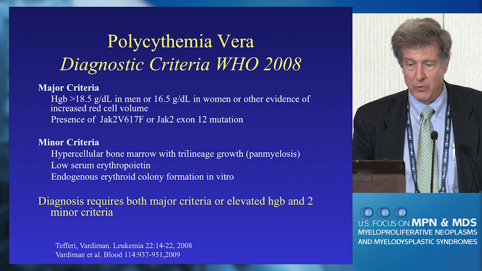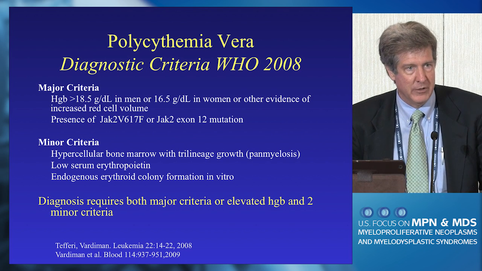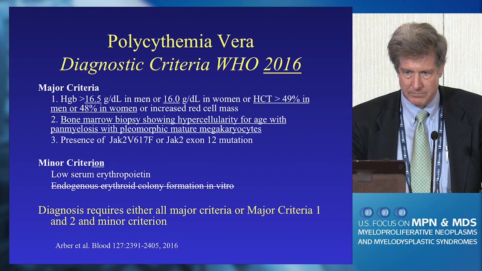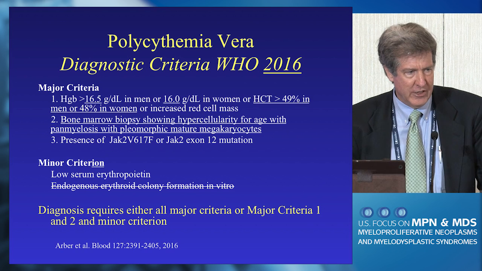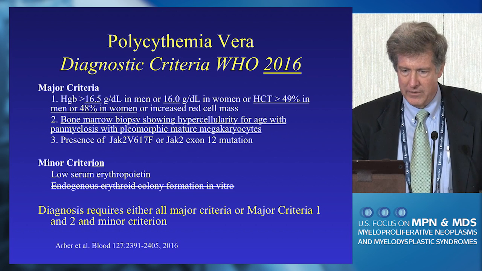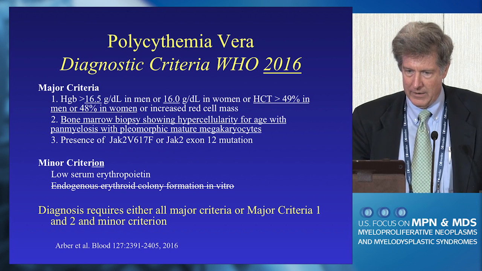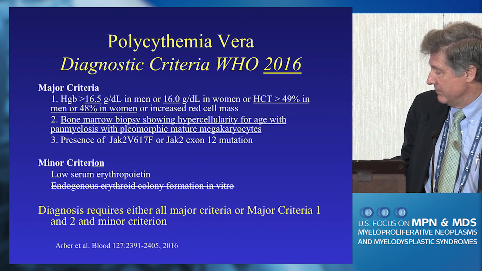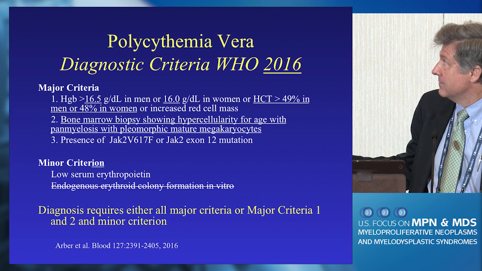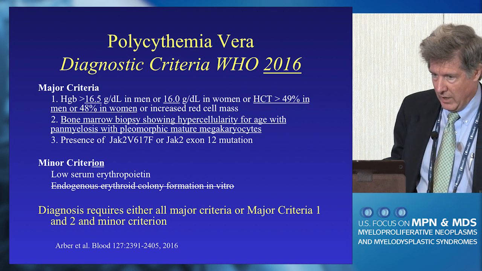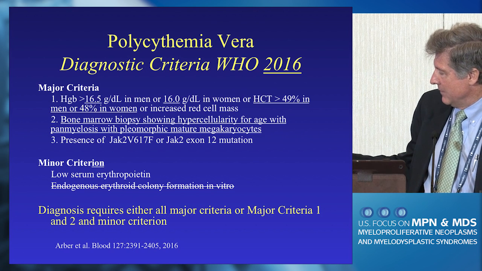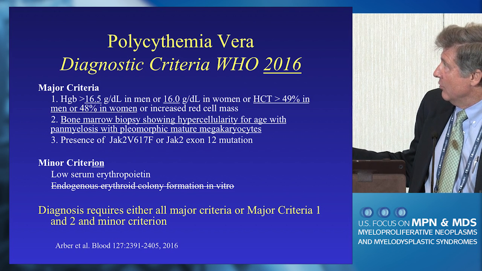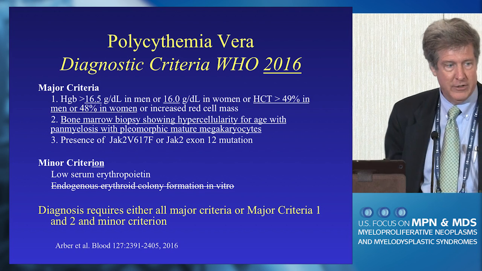And we heard earlier this morning that it's certainly possible to have polycythemia vera without having a JAK2 mutation. In the 2016 revisions, they lowered the hemoglobin diagnostic criteria to 16.5 in men and 16 in women, and had hematocrit correlates.